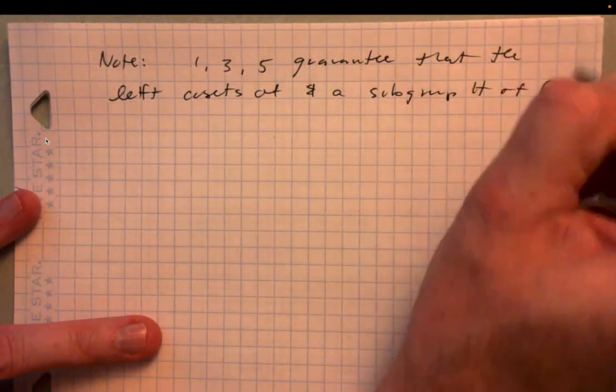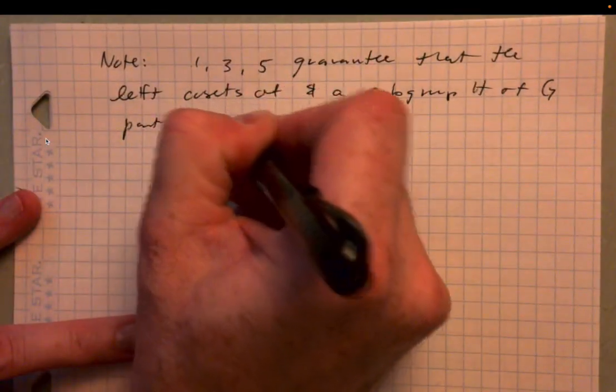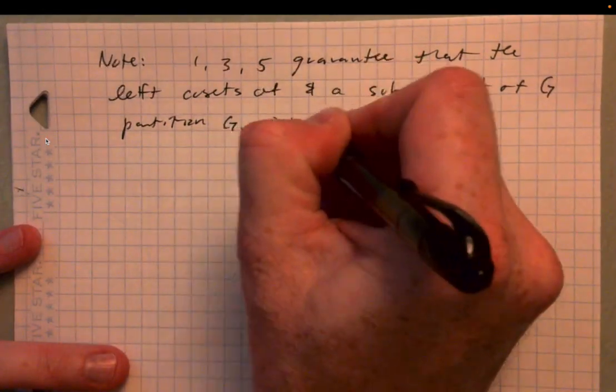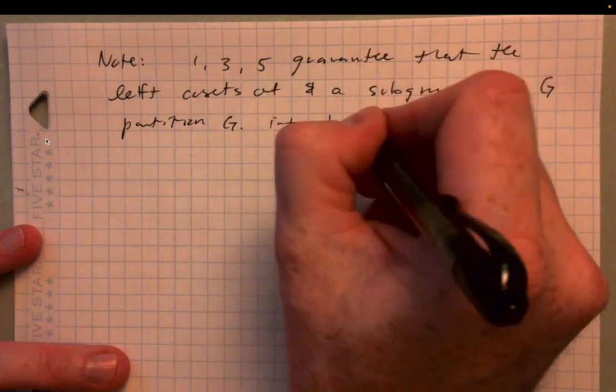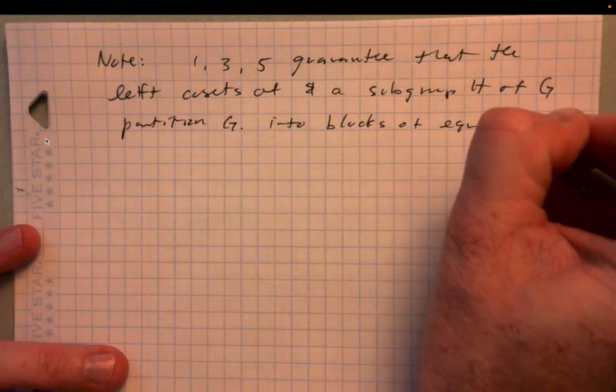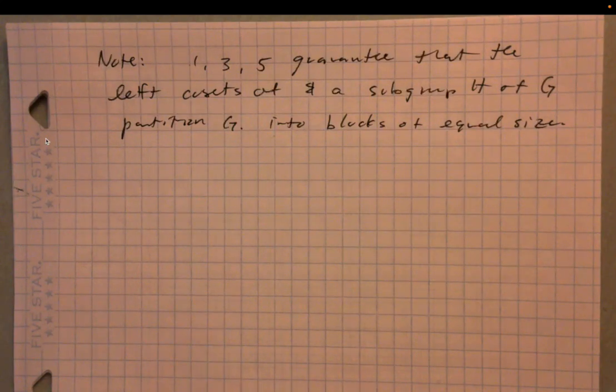And not only do they partition G, but they partition G into blocks of the same size. So they actually partition off G into very specific blocks, and all of the blocks are the same size.